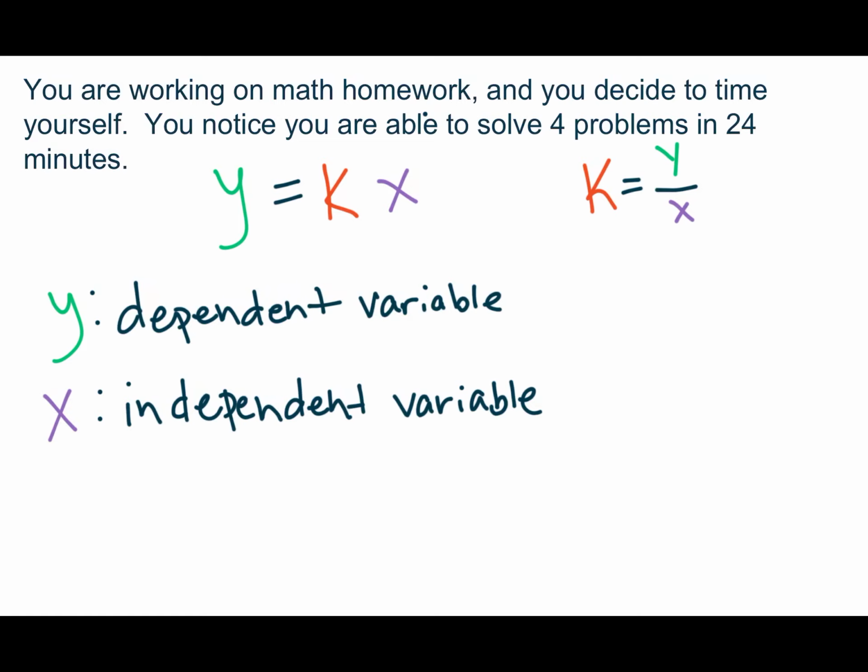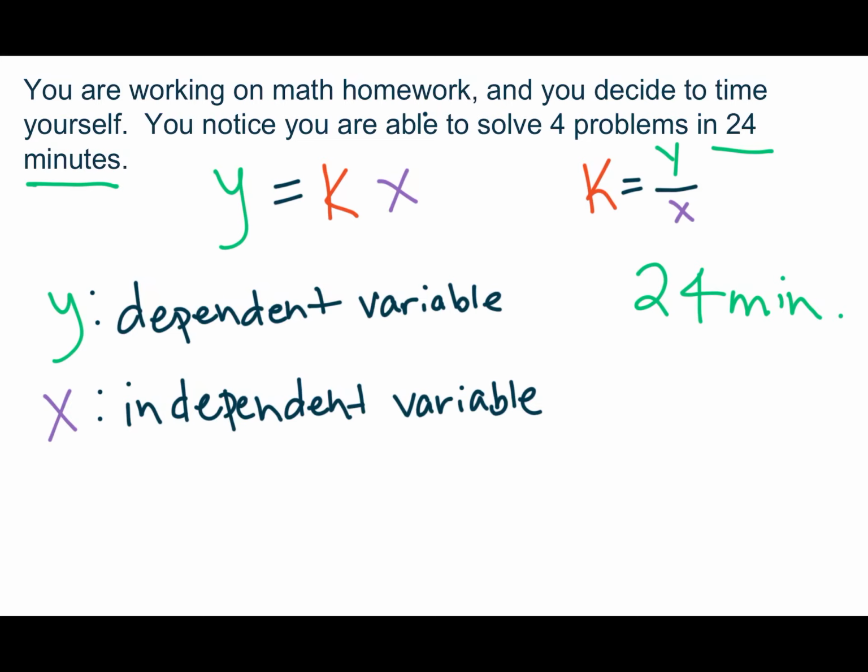Now, we're going to assume that you're working at a constant rate. And so the amount of time you spend on your homework is going to depend on the number of problems that you're working. So our 24 minutes is going to be our dependent variable in this problem.